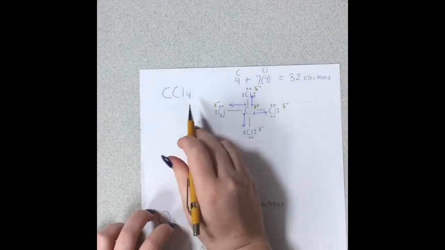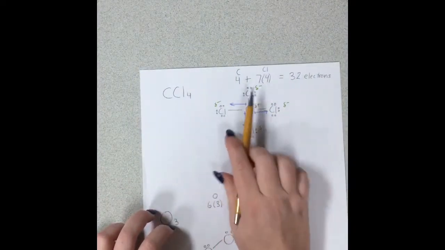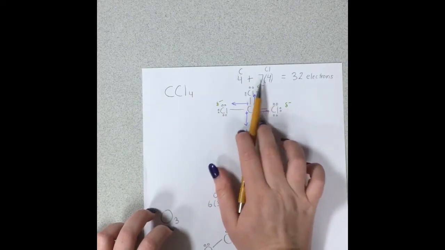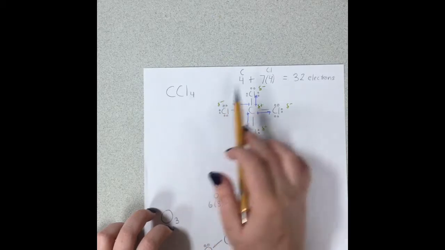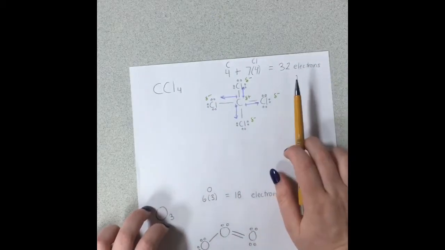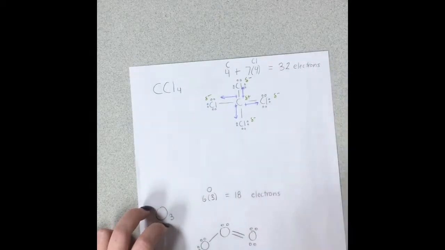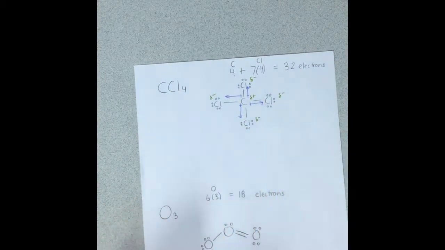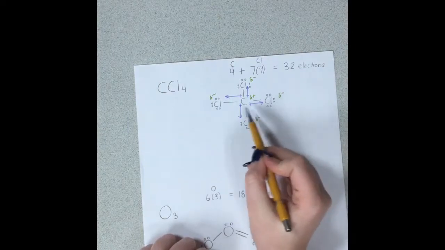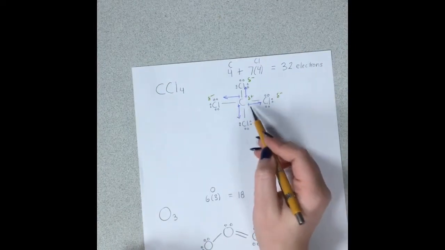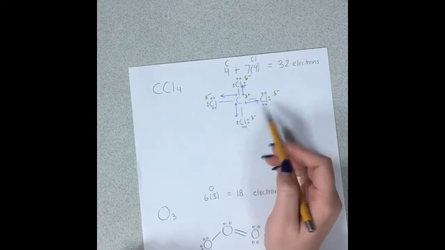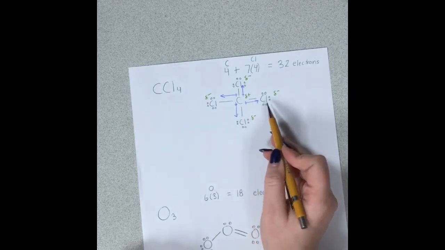Next we have CCl4. 4 plus 7 times 4, 4 for the carbon, 7 times 4 for the 4 chlorines, is going to equal 32 electrons. This is the Lewis structure with the partial charges, and the purple arrows are the bond dipoles, positive tail at the carbon, negative head at the chlorine.